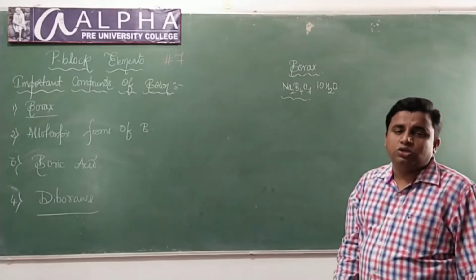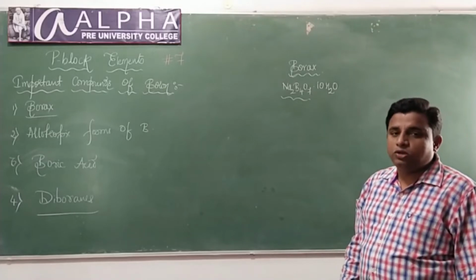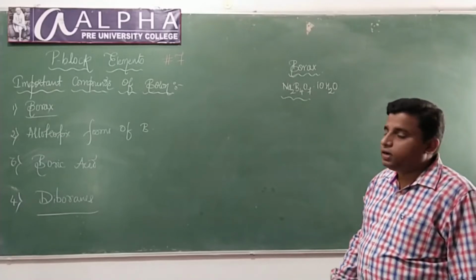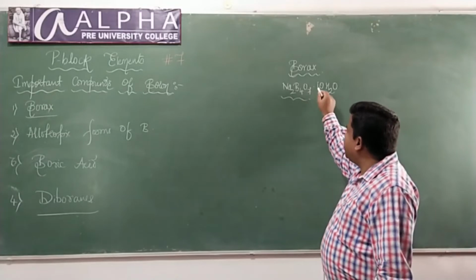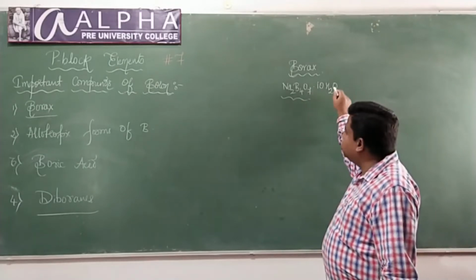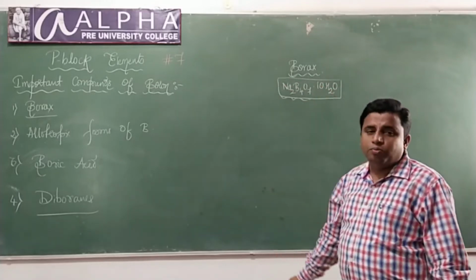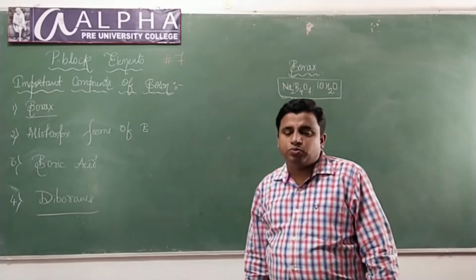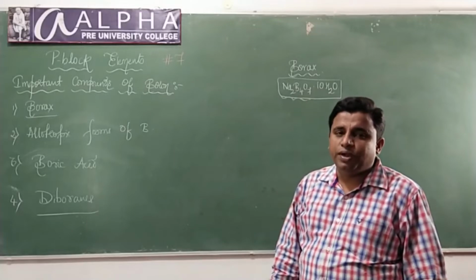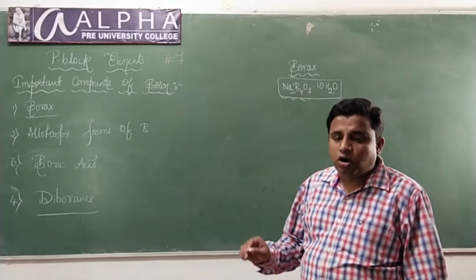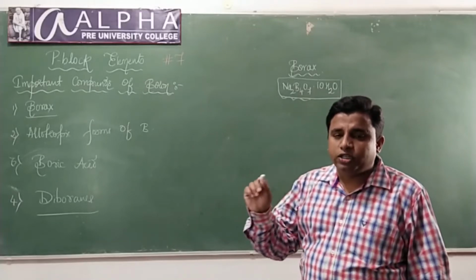Na2B4O7 is called sodium metaborate. So if sodium metaborate plus dot 10H2O, this molecule is called borax. Once again, what is borax? Na2B4O7.10H2O is called borax.